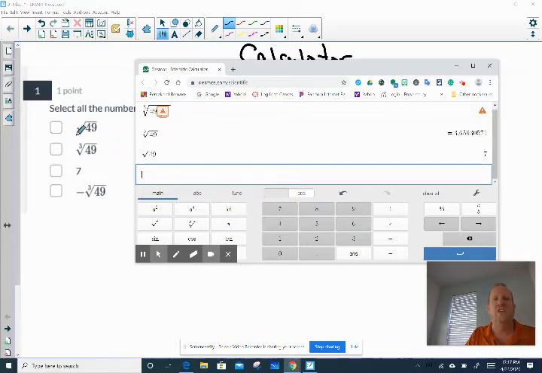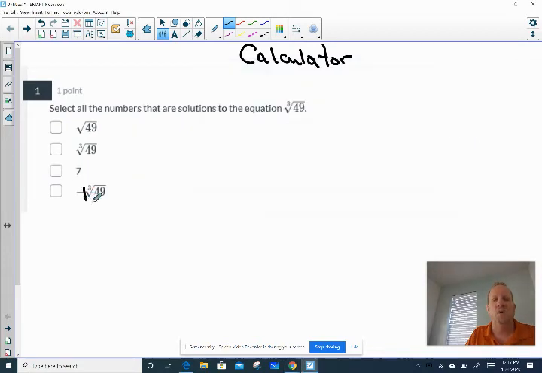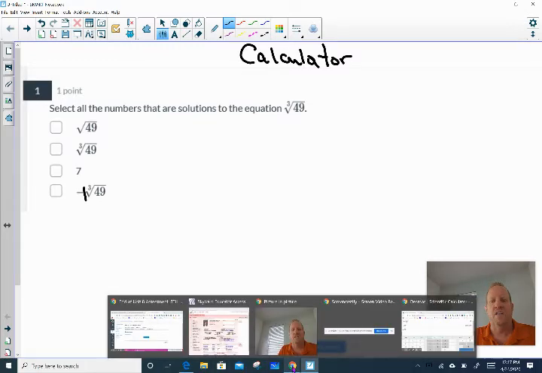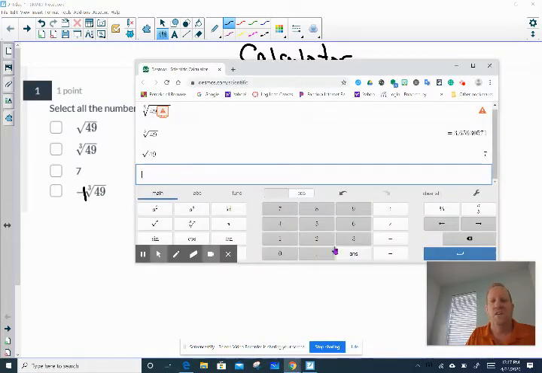Well, this answer is exactly the same, and it's not going to be as easy as that, so don't think that it is. And then this one, we already know that this is the answer I'm looking for, so this one is not right. Well, this negative just means multiply it by -1. So all that is simply going like this. Where's the negative sign? There should be a negative sign.